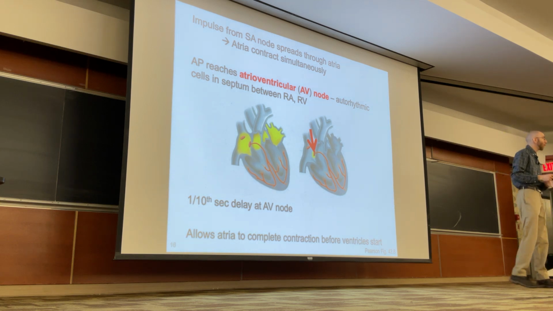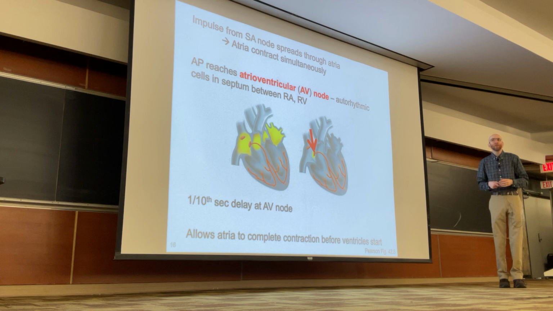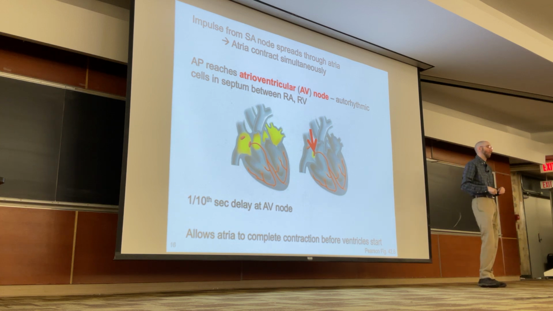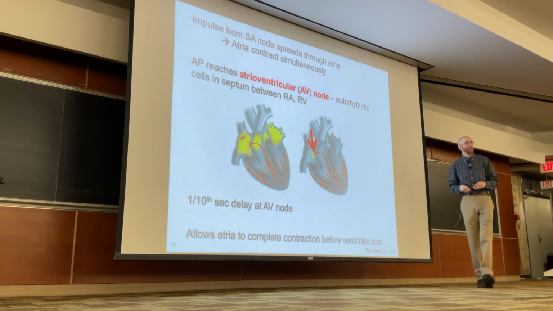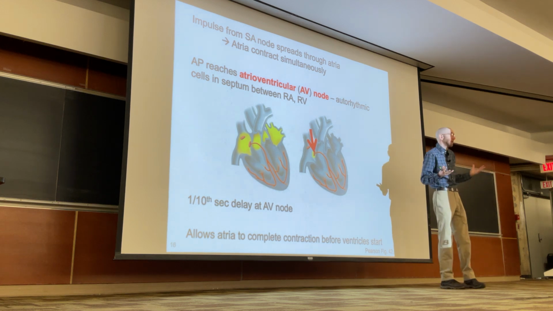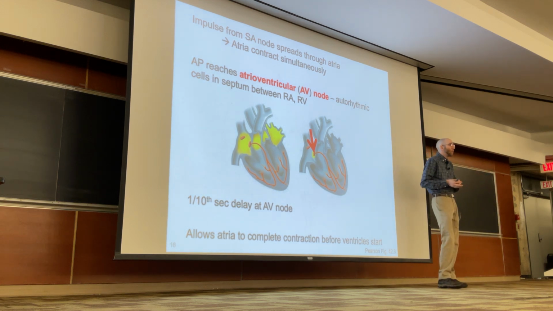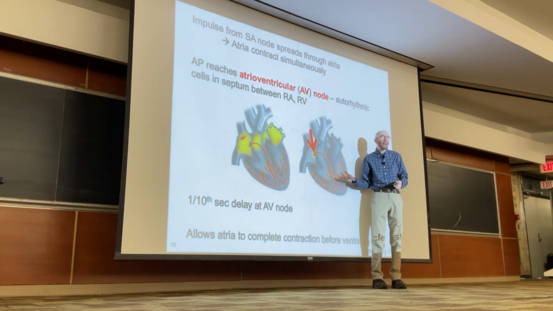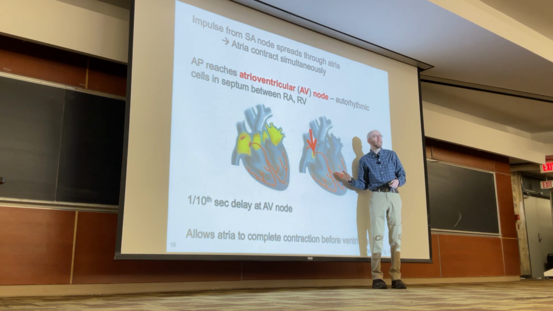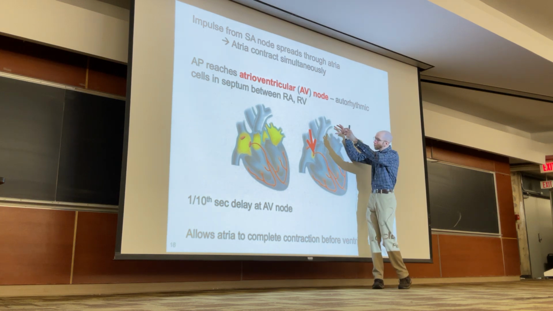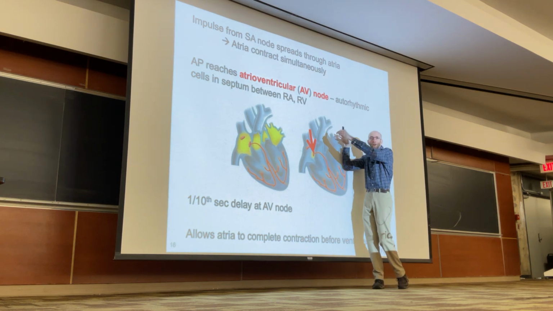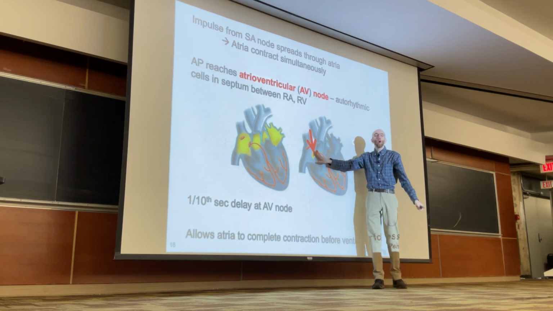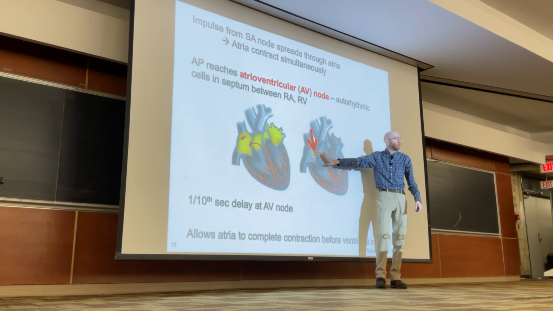The reason this is important is what moves faster, an action potential or fluid? The action potential is going to move a lot faster, right? But you don't want that action potential to move all the way down to the ventricles right away. You need the fluid, the blood, to get there first. So you contract the atria in a very coordinated way. As the blood is moving, you're going to pause that further contraction.